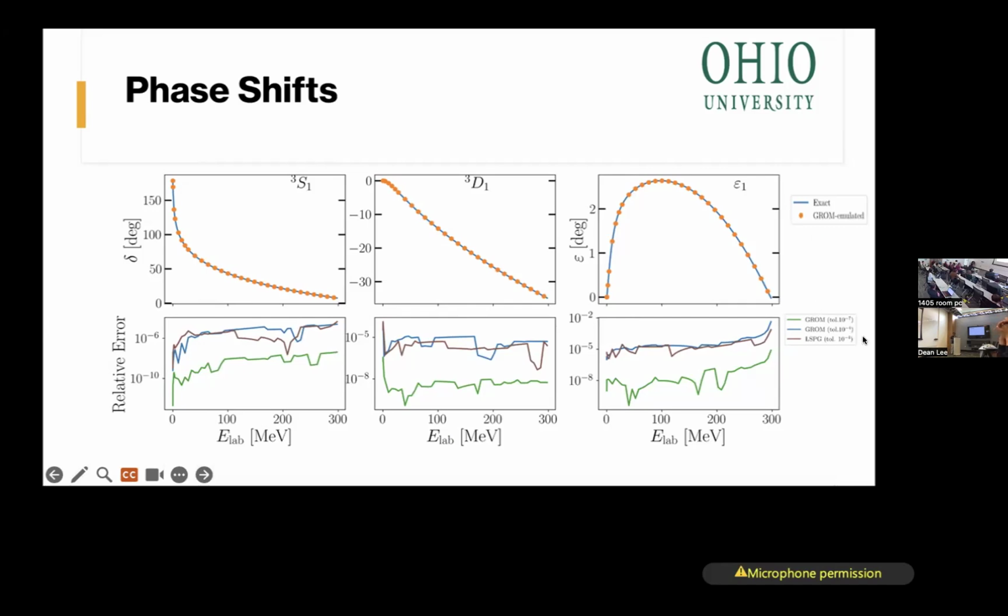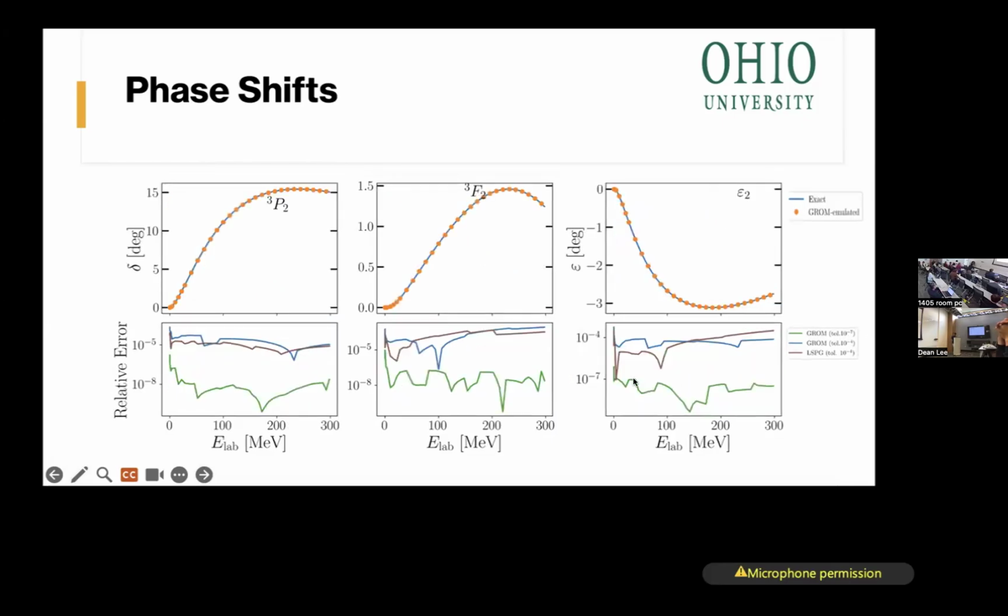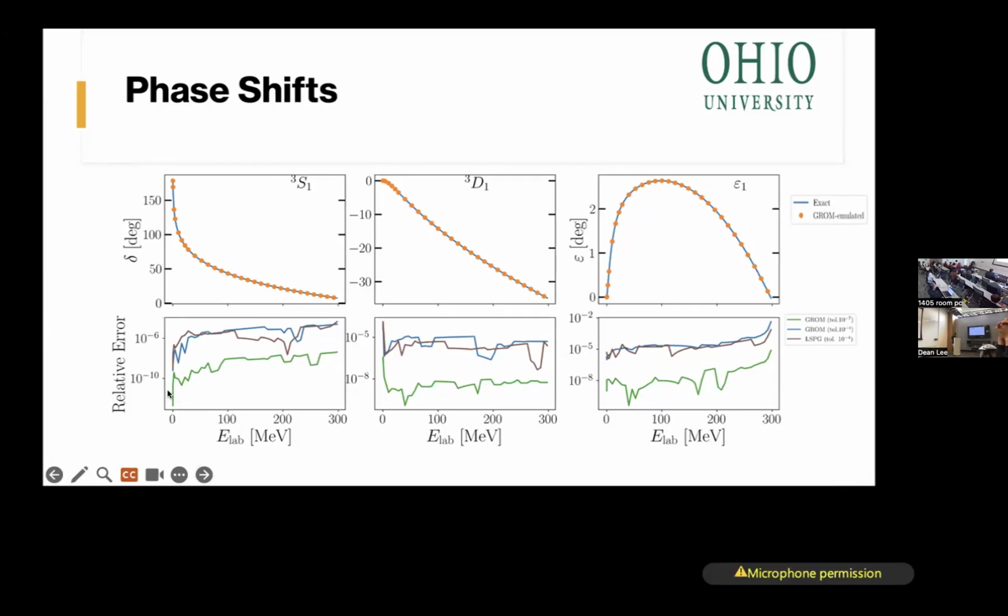And here you can see the relative error with GROM when the error tolerance is 10 to the power negative 7. You can see how that propagates into the phase shift. If I define 10 to the power negative 7, in the 3S1 channel the error is around 10 to the power negative 10, but 3D1 is 10 to the power negative 8. The same goes for the mixing angles here.